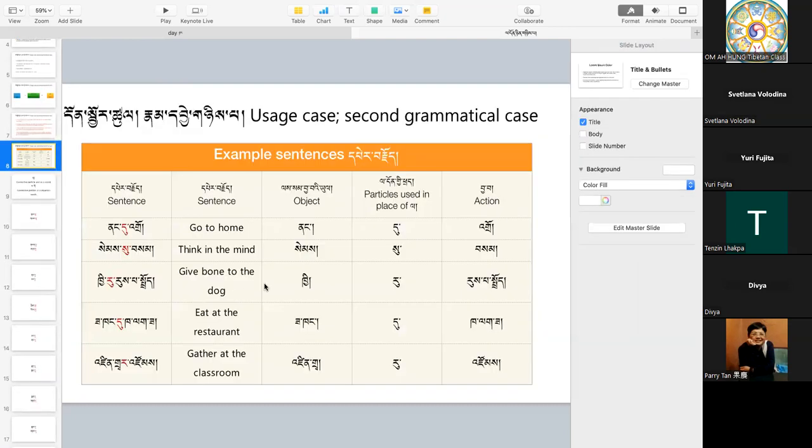So similarly, kiru, Drubpay, give bone to the dog. Three components: ki, which is the object, you're giving the bone to the dog. So you're benefiting the dog. Let's say in this case, you're benefiting the dog by giving the bone because he has something to chew, something to play with, something to eat.